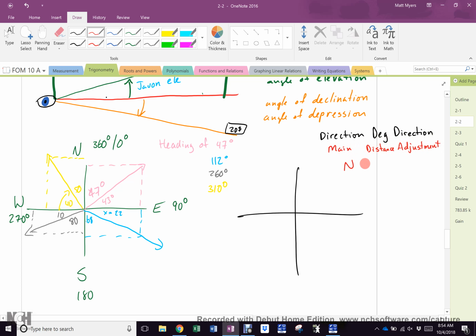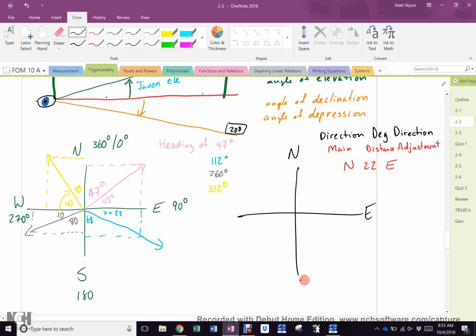North 22 east. What direction is north? Straight up, yes? So if I was making no adjustments, I would be walking straight this way, yes? But I am making an adjustment. How far am I adjusting? 22 degrees. In what direction? East. Where is east? To the right.